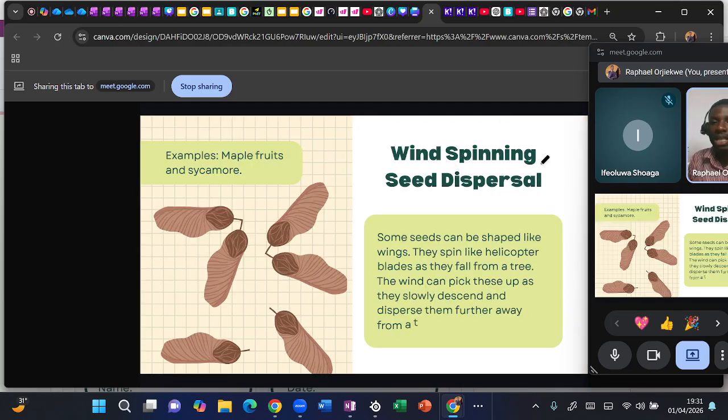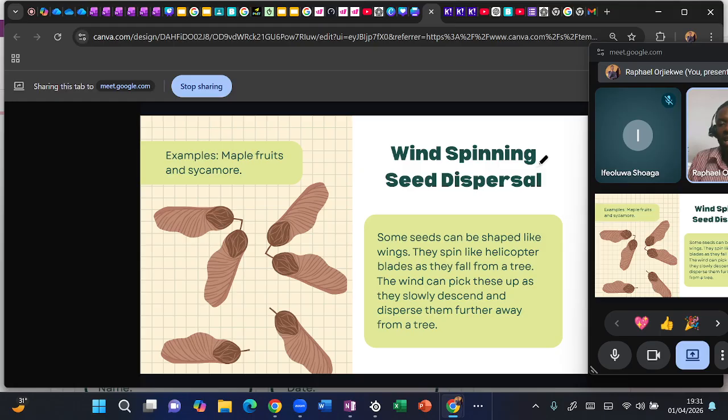Then we have the wind spinning. It's still wind, but it's more of a scenario of how it works. It first spins, and before it gets to the ground, rather than shooting like a parachute or exploding itself, when it falls off it's spinning, and then the wind pushes it away from the parent plant.